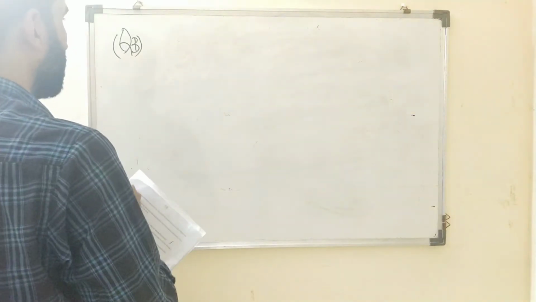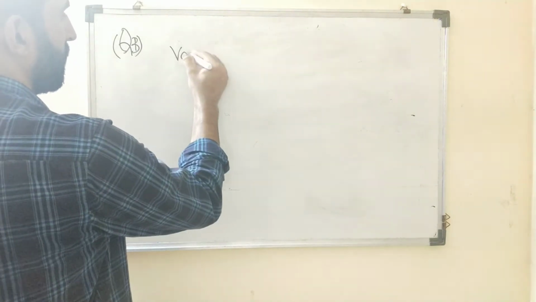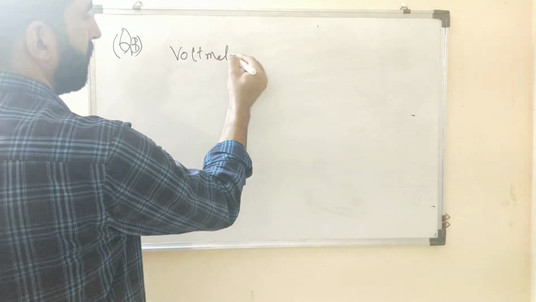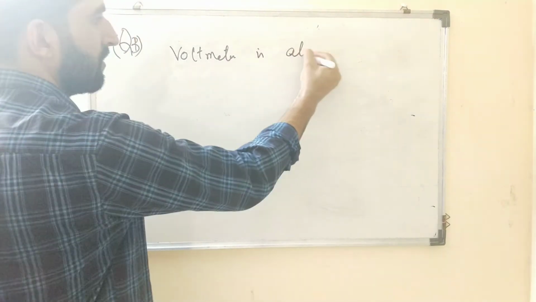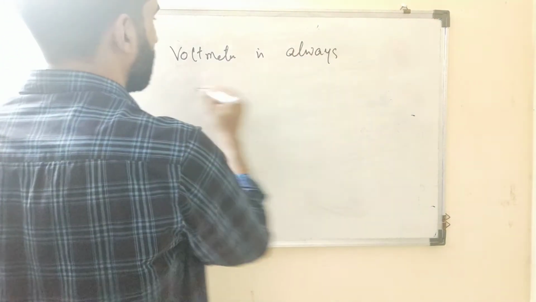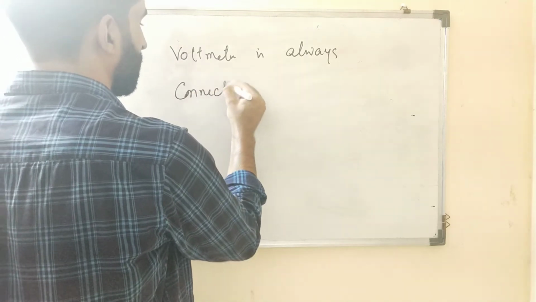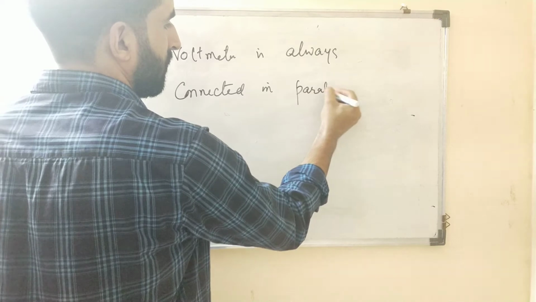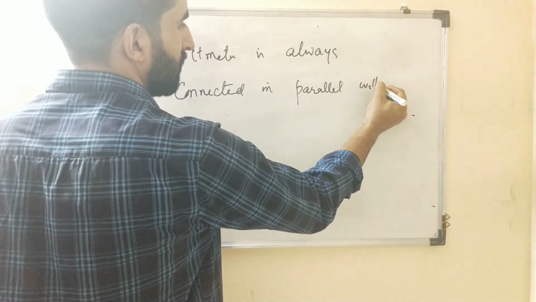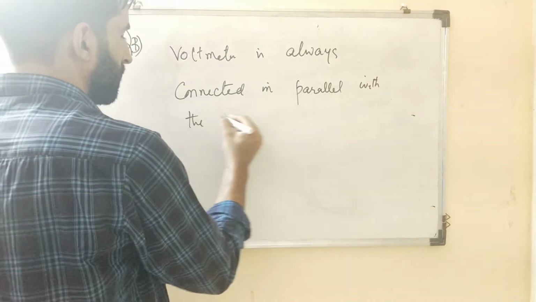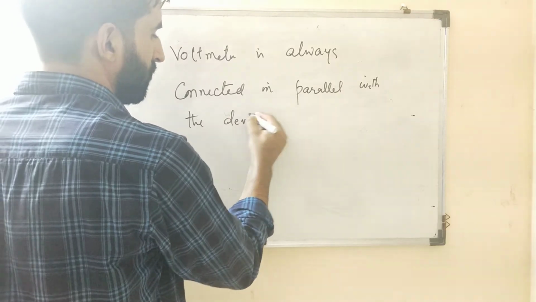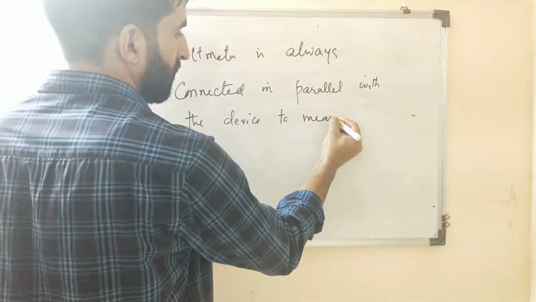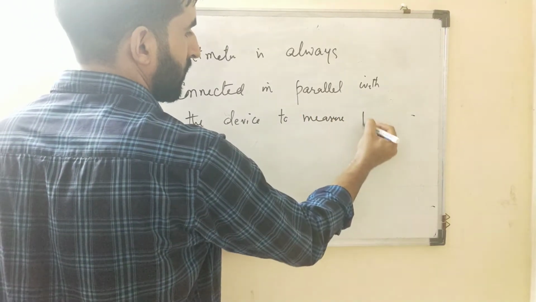So voltmeter is always connected in parallel with the device to measure the potential difference.